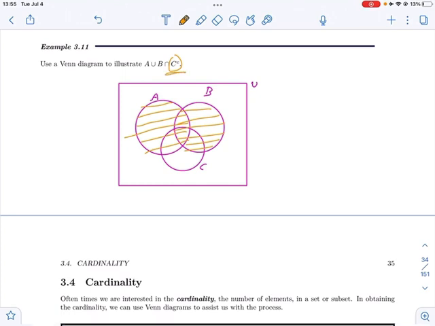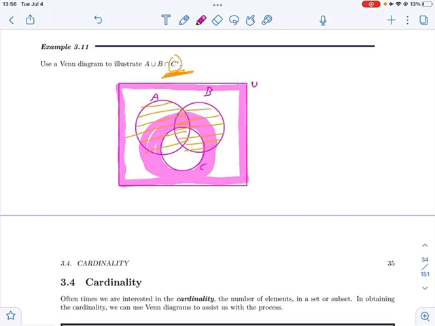Now, we want to intersect this with the complement of C, everything outside C. Let's shade this region, outside C, that means here.